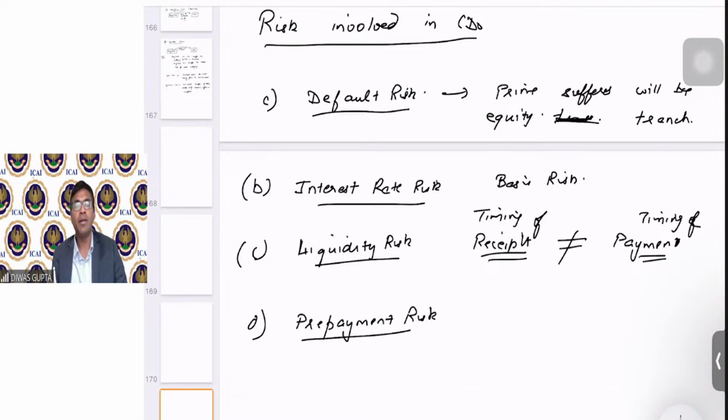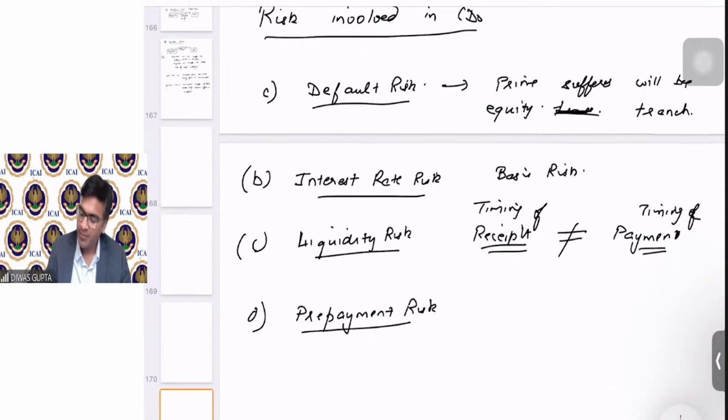In case of a prepayment risk, the borrower actually prepays the amount. In that case, the cash flows will become distorted. Okay. Then reinvestment risk.